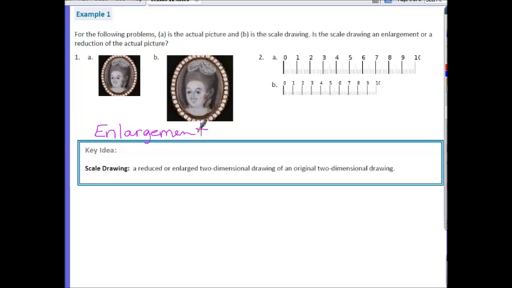In number 2, you can see that A, the original, is bigger than B, which is the scale drawing, and because the original is bigger, the scale drawing must be a reduction. So the key idea here is that a scale drawing is a reduced or enlarged two-dimensional drawing of an original two-dimensional drawing.